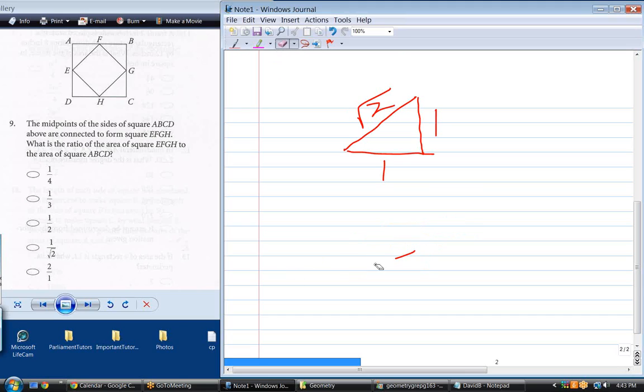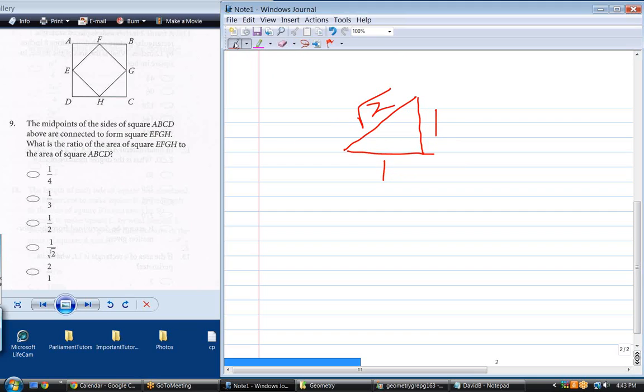This is a good triangle for you to memorize. Don't forget this triangle. 45-45-90 has these dimensions. Could be 10, 10, 10 root 2, but it's always in this relationship.